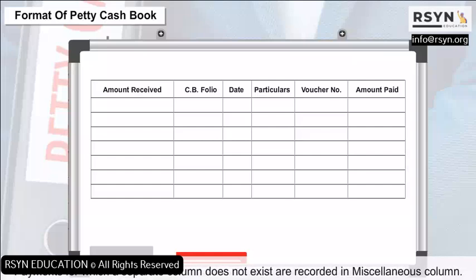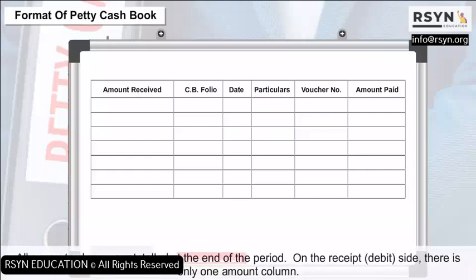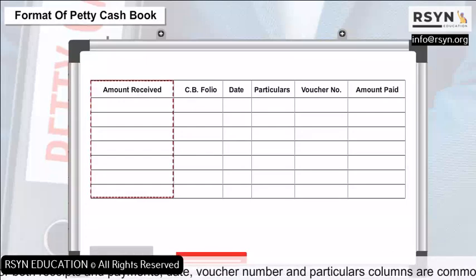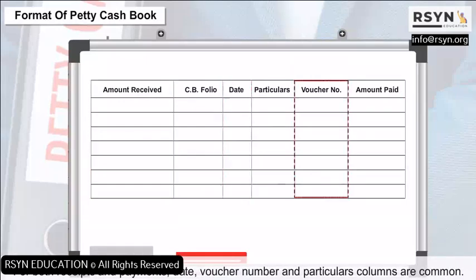Payments for which a separate column does not exist are recorded in miscellaneous column. In the remarks, the nature of payment is recorded. All amount columns are totaled at the end of the period. On the receipt or debit side, there is only one amount column. For both receipts and payments, date, voucher number, and particulars columns are common.